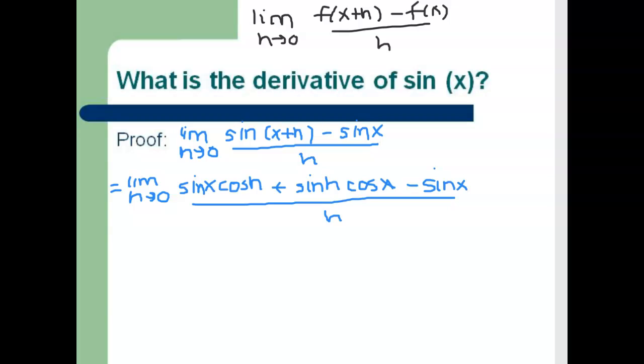Okay. So what do you know about a denominator of h? Well, we know if it's a single denominator, I can split it up amongst terms, right? We also know that we can rearrange our terms. So looking at this problem, I want to get my sine x's near each other.